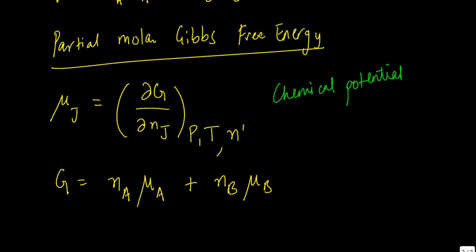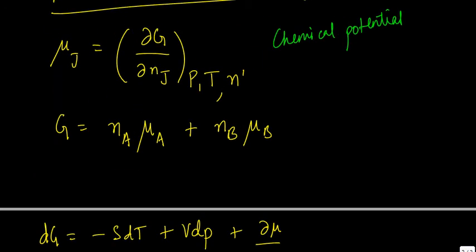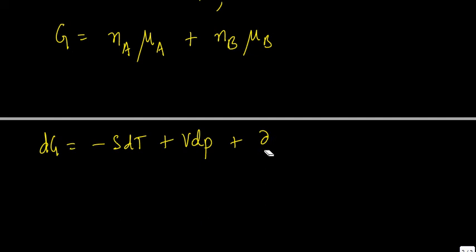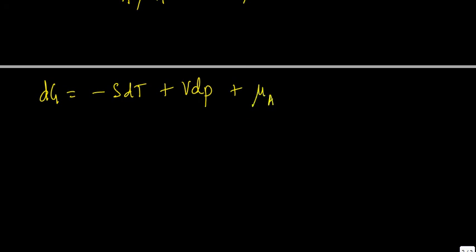So I just modify those fundamental equations and say dG is equal to minus SdT plus VdP plus, no, not d mu, it's dG by dNJ, which is mu J, mu A times dNA plus mu B times dNB plus whatever the number of components I have.